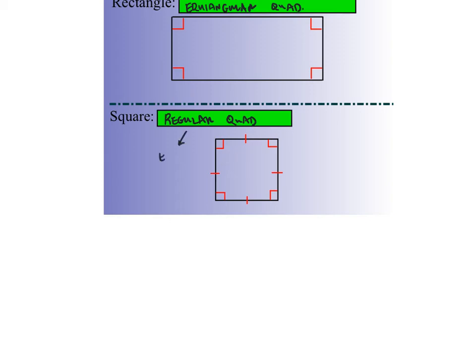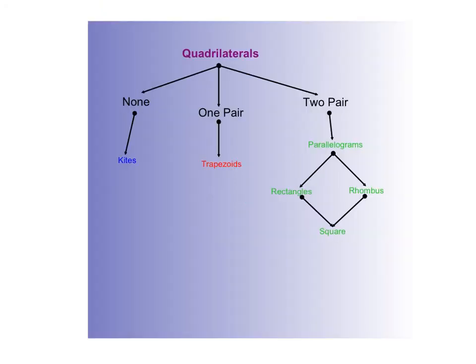Regular meaning both equiangular, and equilateral. I'm not spelling very well, but you get the point. All four sides the same, all four angles the same. That's a square. All right, let's continue with our last slide.